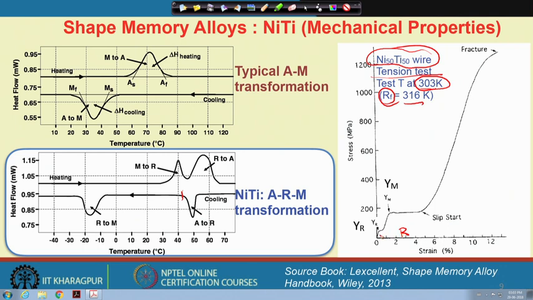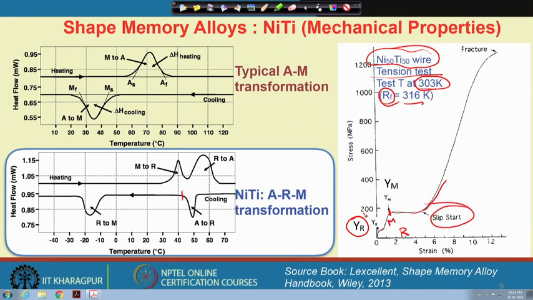Once the deformation begins, I will get a yield point. Here is the yield point, which stands for YR. Then I have martensite here, and this is the yielding of martensite. So, I have two consecutive yielding phenomena, and after that slip will start.